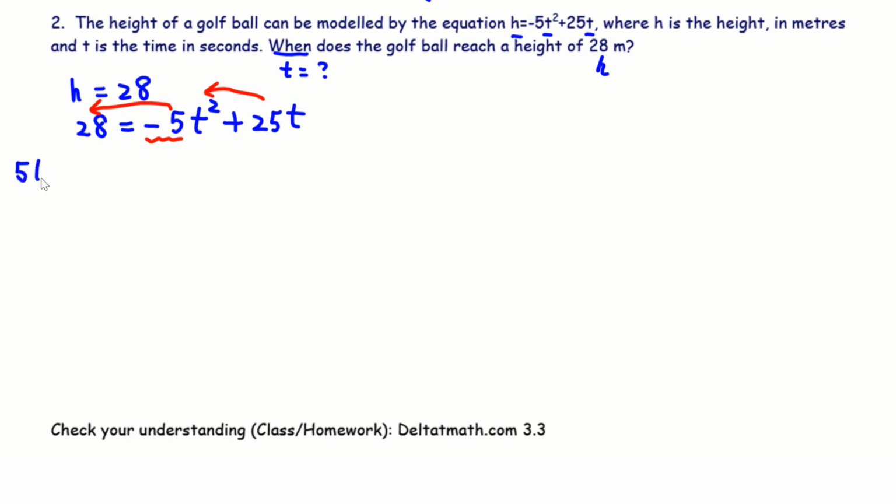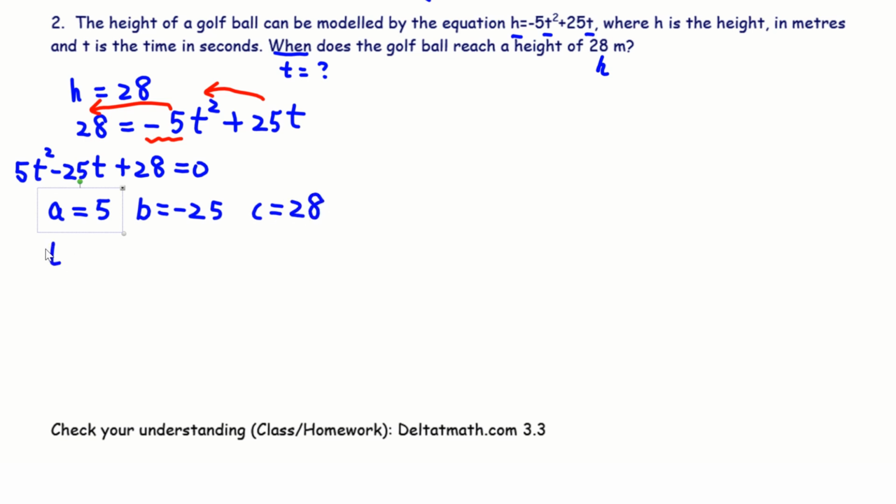Then we write 5t squared minus 25t plus 28 equals 0. When you move something to the other side, you do the opposite operation. From this equation, we have a equals positive 5, b equals negative 25, and c equals 28.